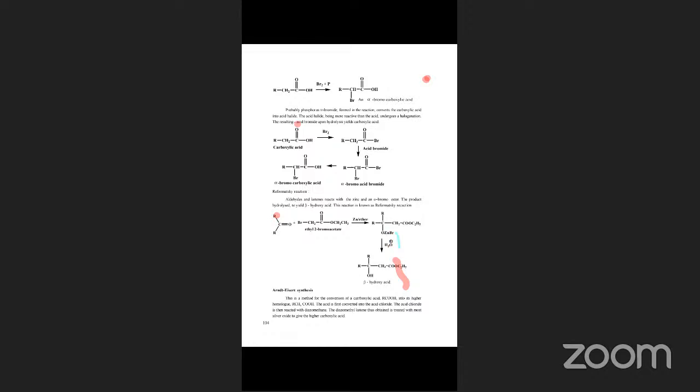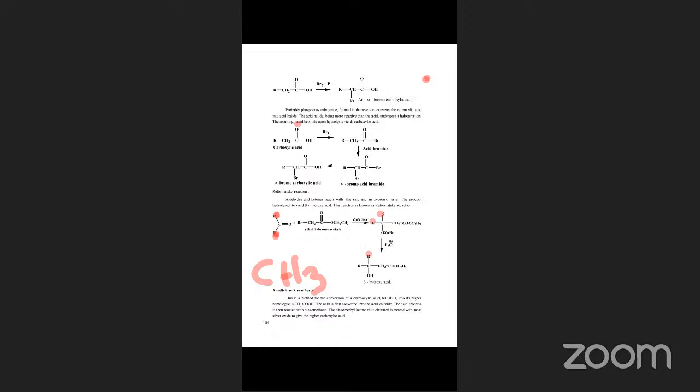Simply, you have to write the reaction. In the presence of R, just put CH3. Write the reaction again. You just put CH3. All of you writing? Yes, sir. Just in the presence of R, you put CH3, CH3, and here also CH3, CH3.